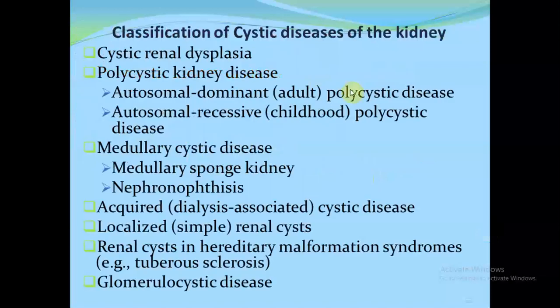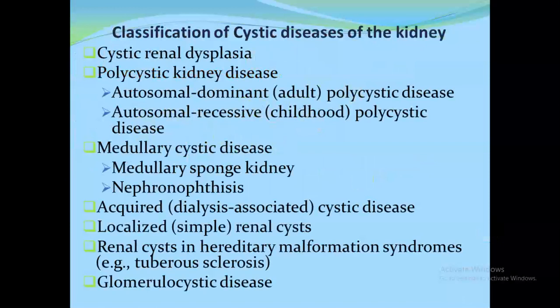Classification of cystic diseases of kidney. We have cystic renal dysplasia, polycystic kidney disease, which is divided into adult type, autosomal dominant polycystic kidney disease, and childhood type, autosomal recessive polycystic kidney disease. Medullary cystic disease, which includes medullary sponge kidney.